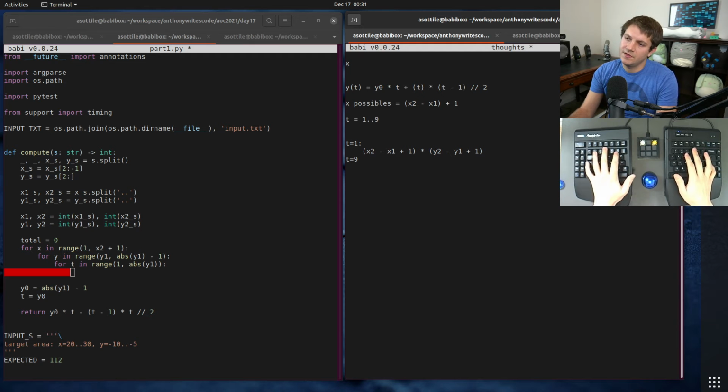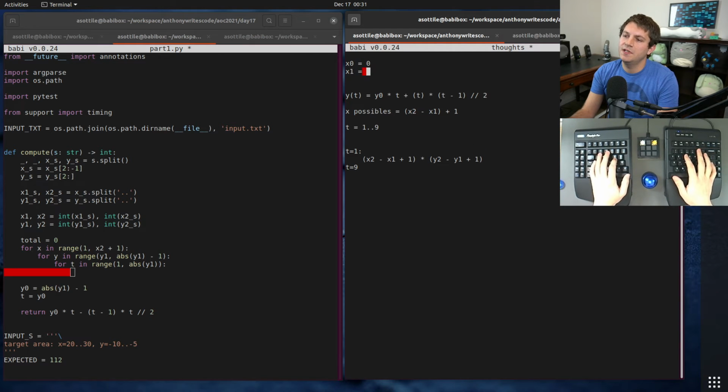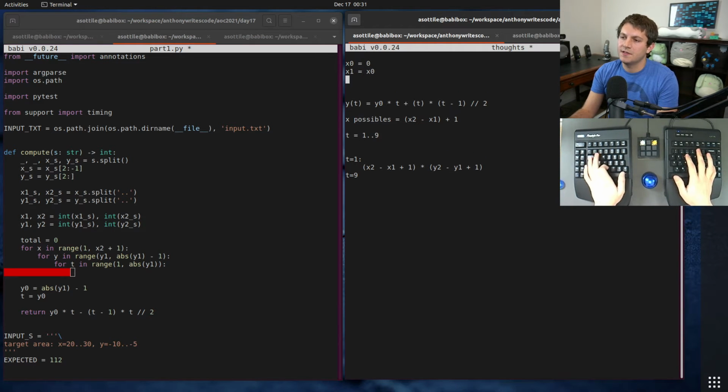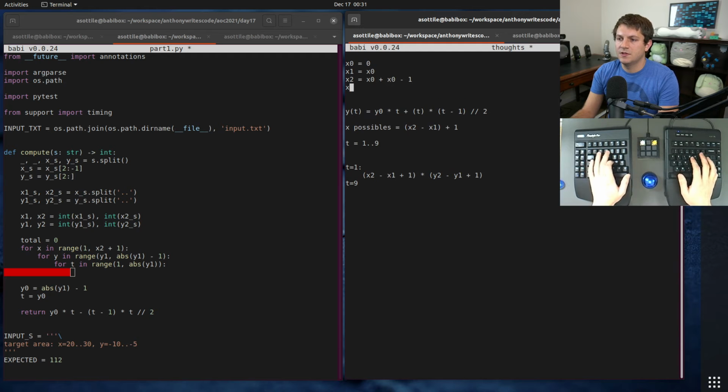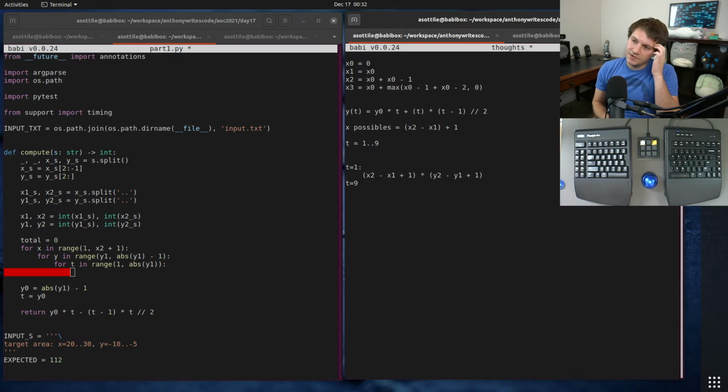X of t, so x of 0 is 0, x of 1 equals x naught, x of 2 is x naught plus x naught minus 1, x3 is x naught plus x naught minus 1 plus x naught minus 2. Of course, this part is all max with 0 so that we don't go past 0.